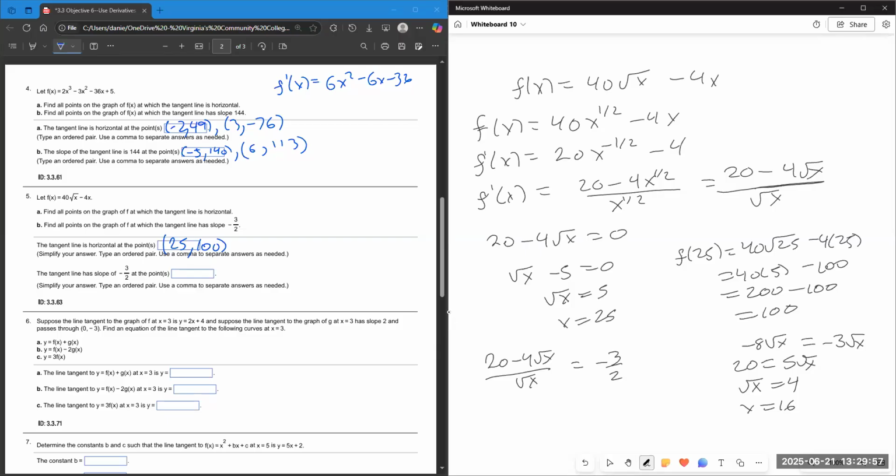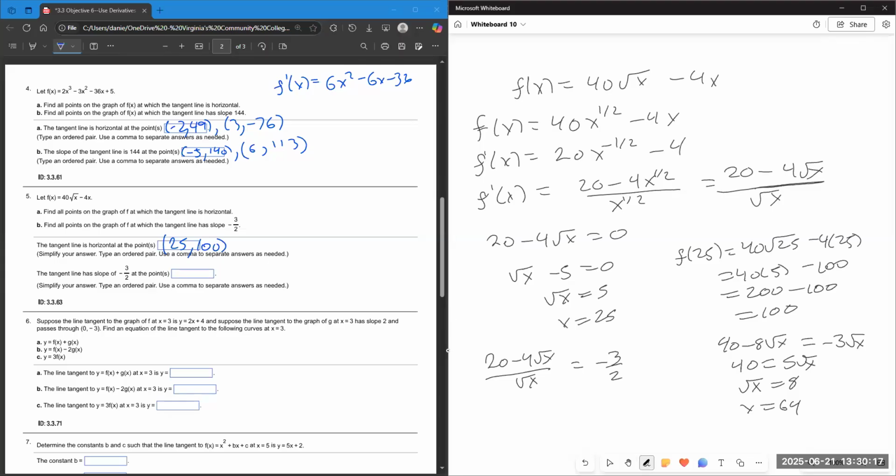Sorry, 40 minus 8 root x is going to be 40. And then that's going to be 8, and that's going to be 64.